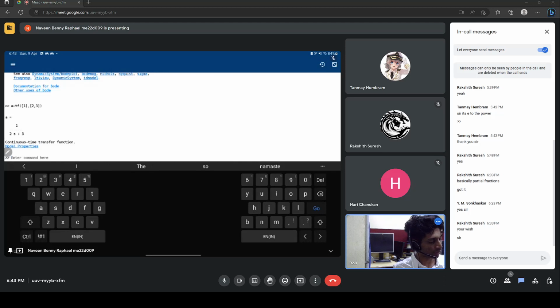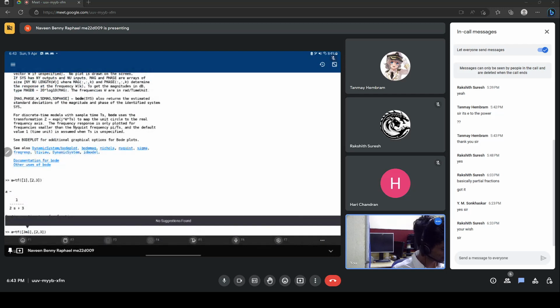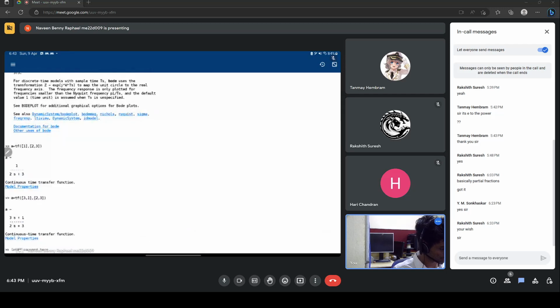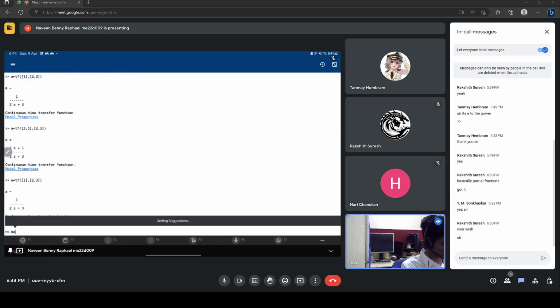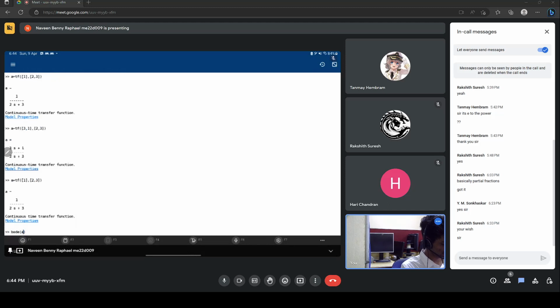So the inputs are 1 and 2 3. That means 1 will be the numerator and 2 3 will be the denominator. So if I had instead given 3 1, I'll get 3s plus this thing. So if I had taken the old one, I can take the Bode plot of this.